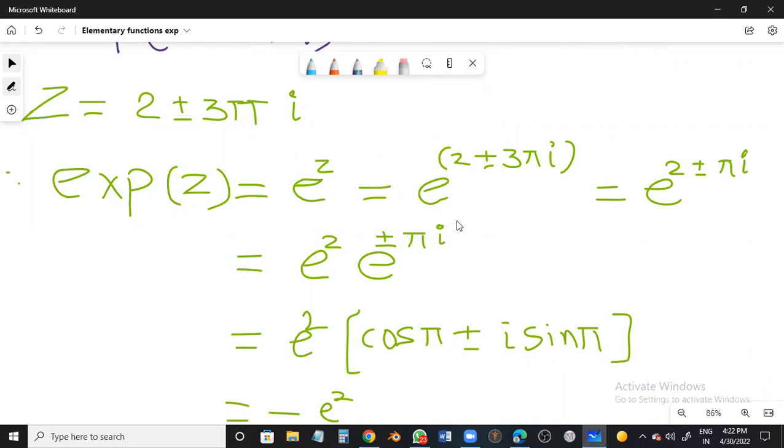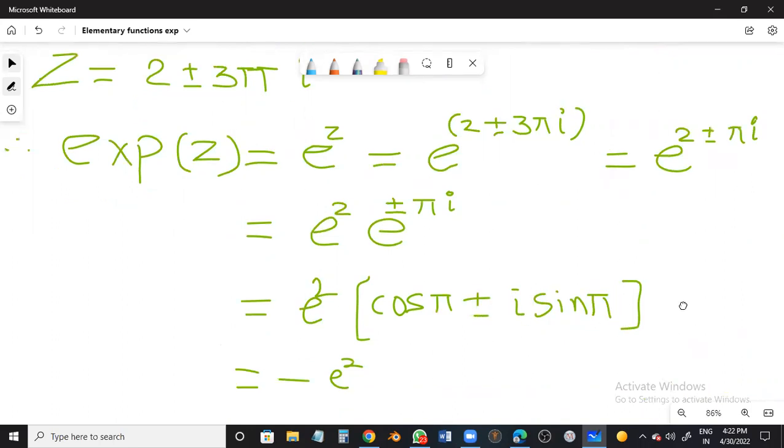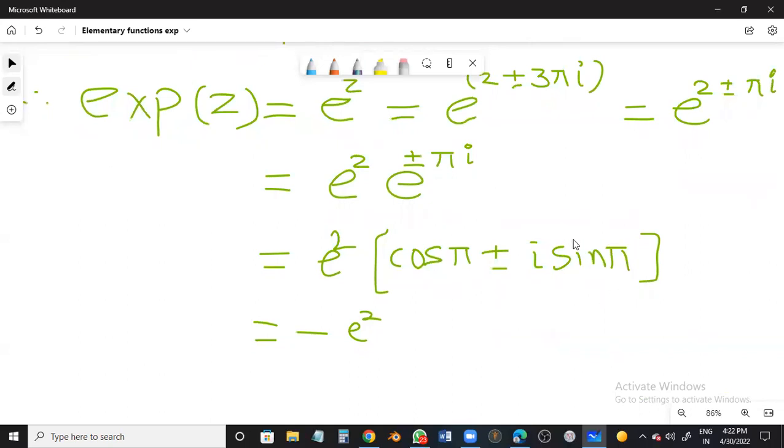And because it comes to plus minus pi i, it takes us to cos pi plus i sin pi or minus i sin pi. Both ways, sin being 0, you get only the value of cos pi, which is -1. So you are getting this to be minus e square.